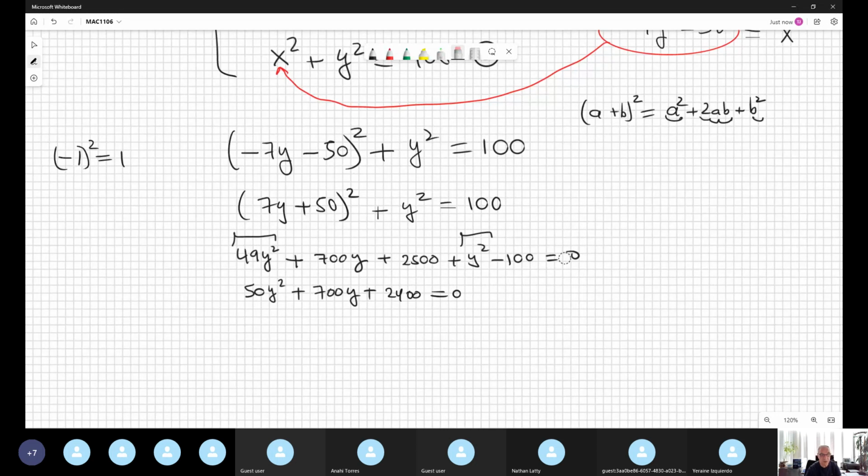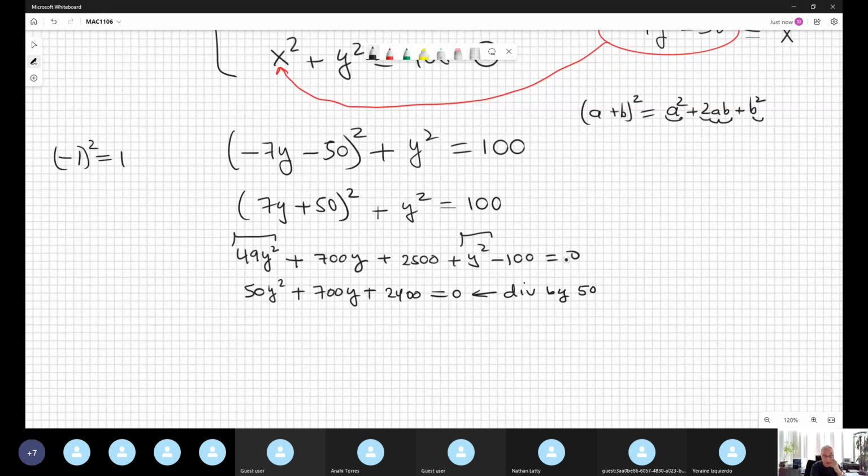This is a quadratic equation. The 50 is A, 700 is B, and 2400 is C. But these are ugly numbers, right? So I propose, I see that you have too many zeros, and you can divide this equation by 50.